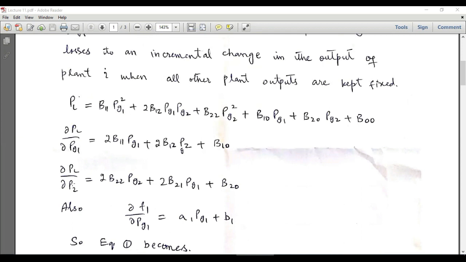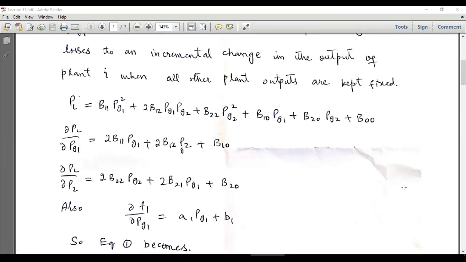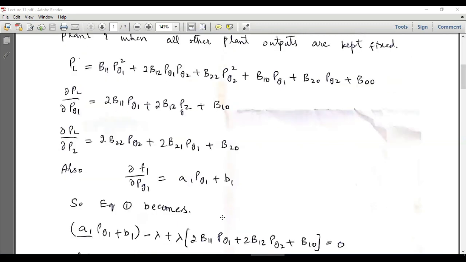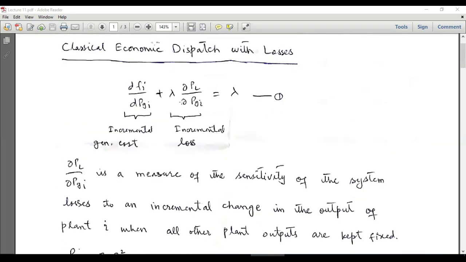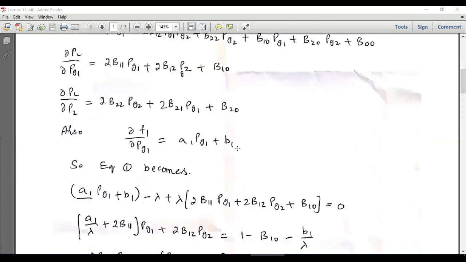The incremental fuel cost function for the first generator can be written as partial F1 over partial Pg1 equal to A1 Pg1 plus B1. So the first equation will become A1 Pg1 plus B1 minus lambda plus lambda times partial PL over partial Pg1.